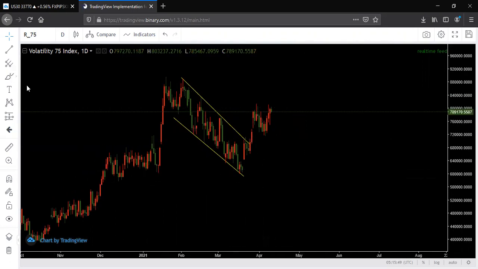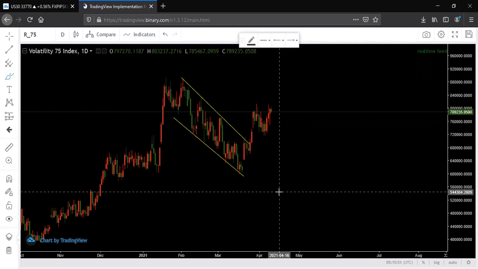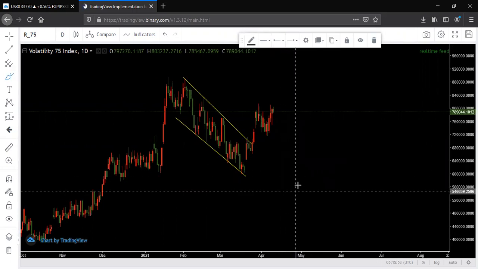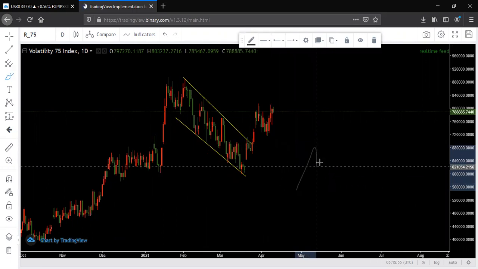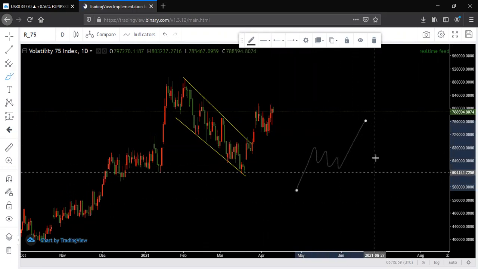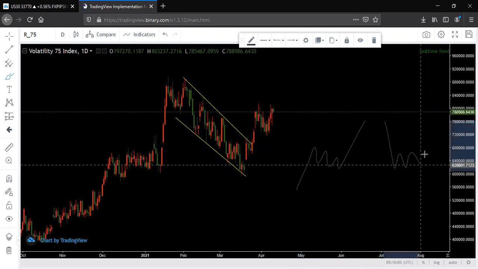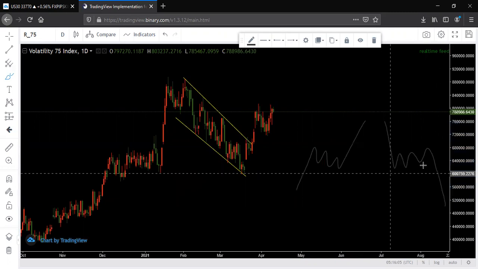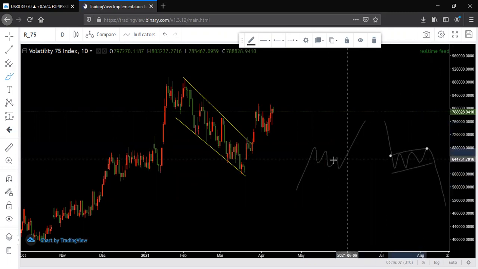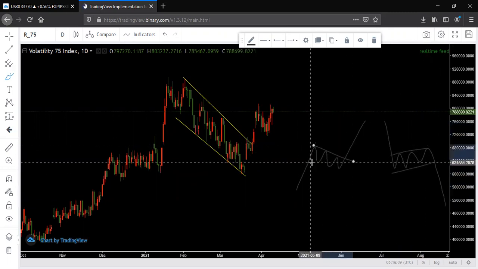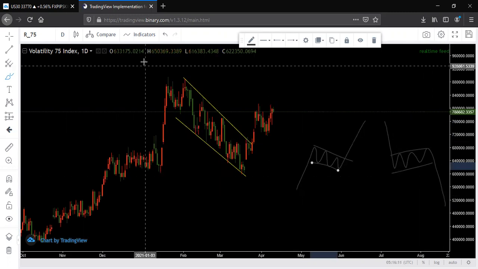So we may have a bullish correction, maybe impulsive, then impulsive again, or we can have a bearish correction. So you see, this is what we are talking about: we may have a bullish or bearish correction.